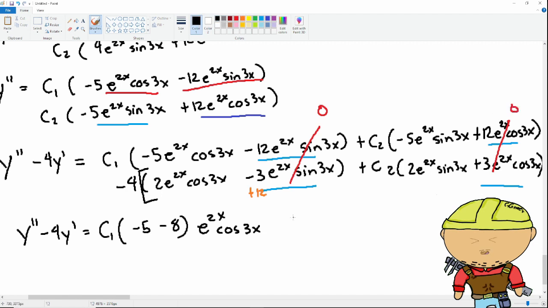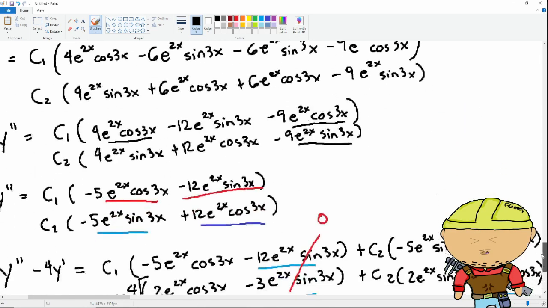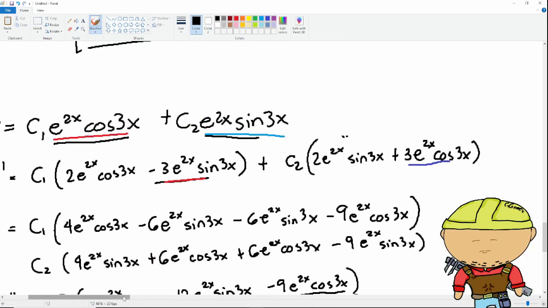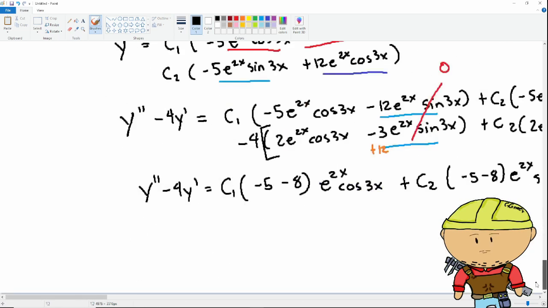And for C2, we will have negative 5, negative 8, e to the 2x sine 3x. Now that we have negative 5, negative 8, that's negative 13. We simply multiply y by 13 and add it to our equation.